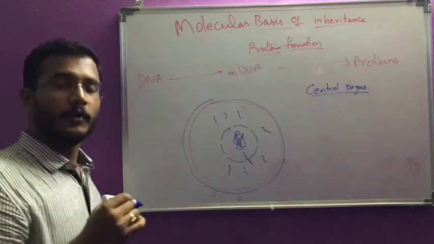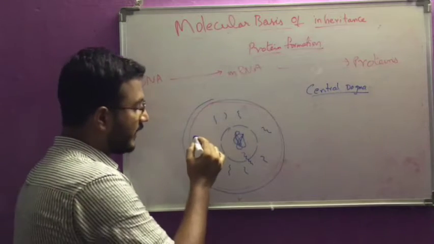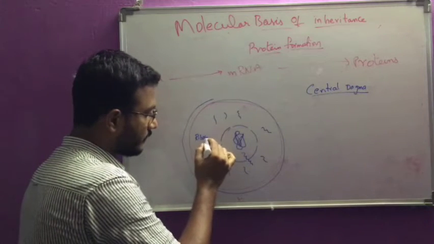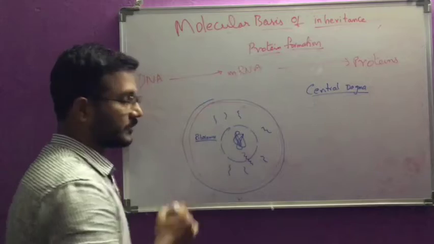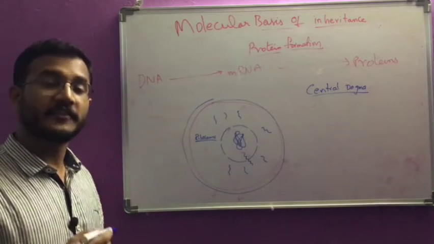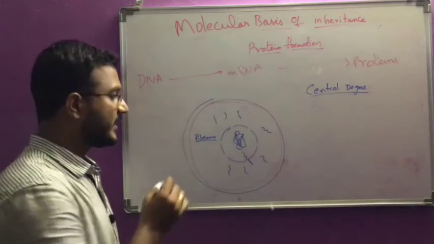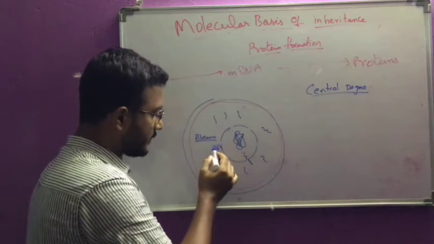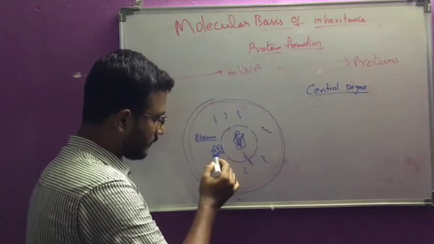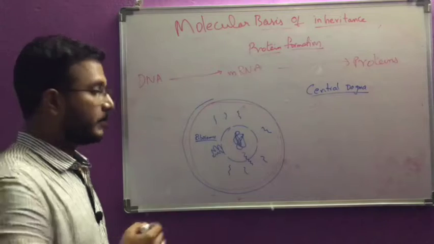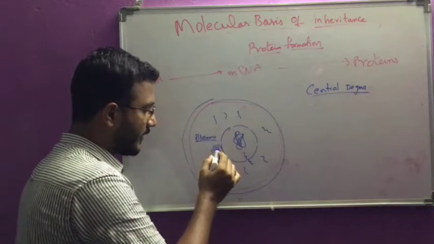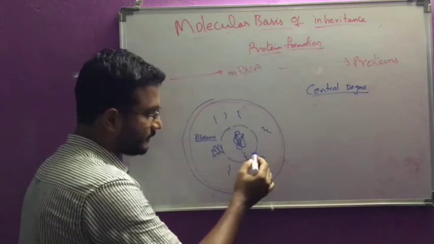And we know that our cytoplasm contains ribosomes. Ribosomes may be present freely in the cytoplasm or present on the endoplasmic reticulum. Ribosomes are present on the endoplasmic reticulum like this.